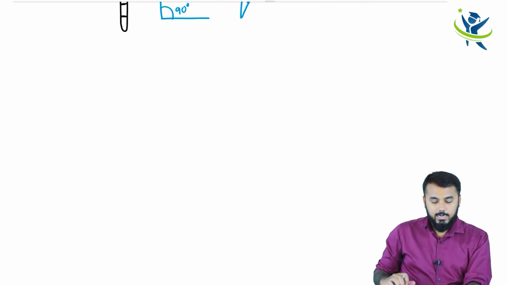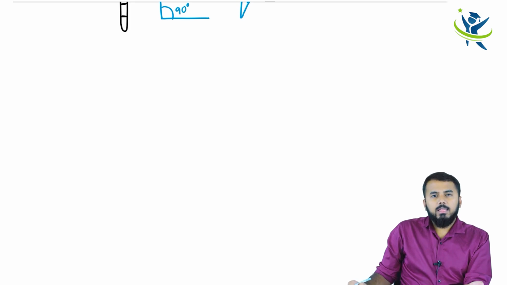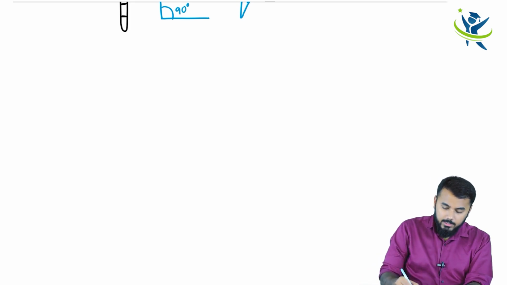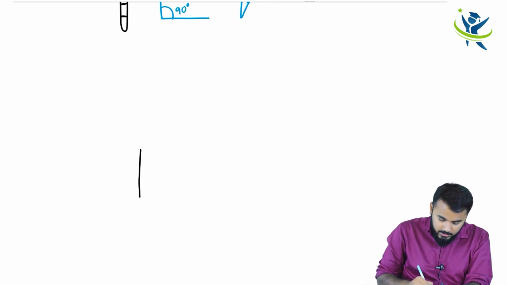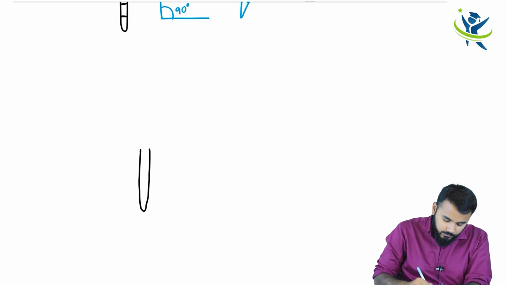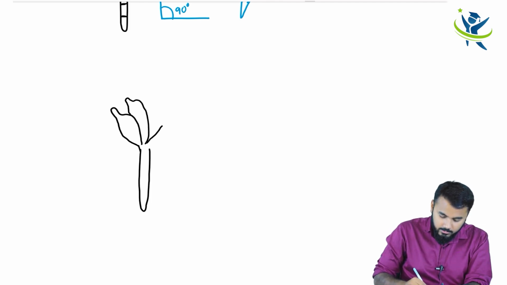So, switching on to the next important thing. The next important thing is that the Aspergillus fumigatus hyphae have something called a conidiophore. For example, this is the hyphae like this, and they have structures like this.